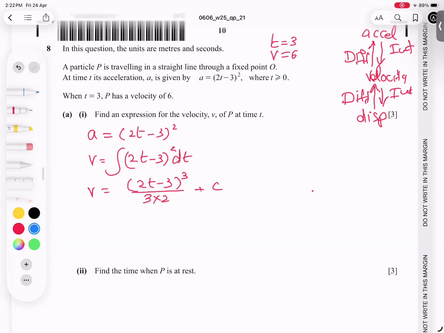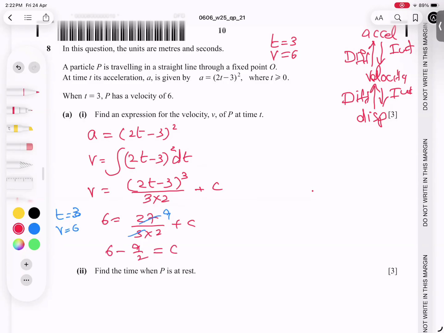Now I'm going to put in the data: t is 3 and v is 6. When I put 6, and 3 2s are 6, 6 minus 3 is 3, and 3 cubed is 27. So this cancels 3, 9 times. So basically c is equal to minus 9 over 2.